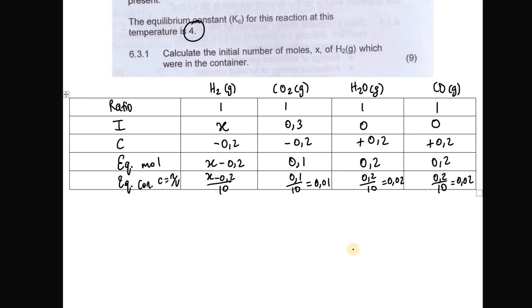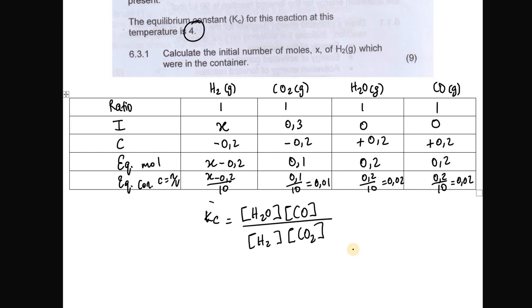Now Kc is gonna be equal to, now the product is H2O and CO, so we say H2O, and the exponent is 1 because it's just 1 here, guys. 1 1 1, or you can check this row here. So H2O and then CO, and then H2 and then CO2.